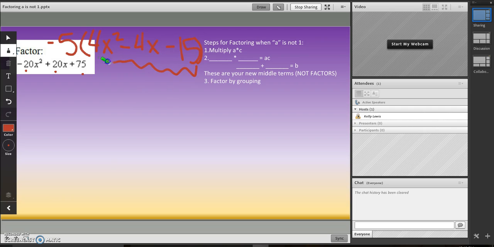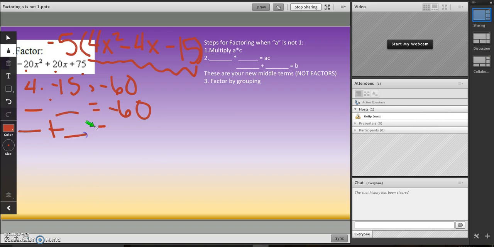Alright, and then 75 divided by negative 5 is negative 15. So I'm only going to focus on this guy right now. So I'm going to do 4 times negative 15 to get negative 60. And then I'm going to see what multiplies to give us negative 60, adds to give us negative 15.